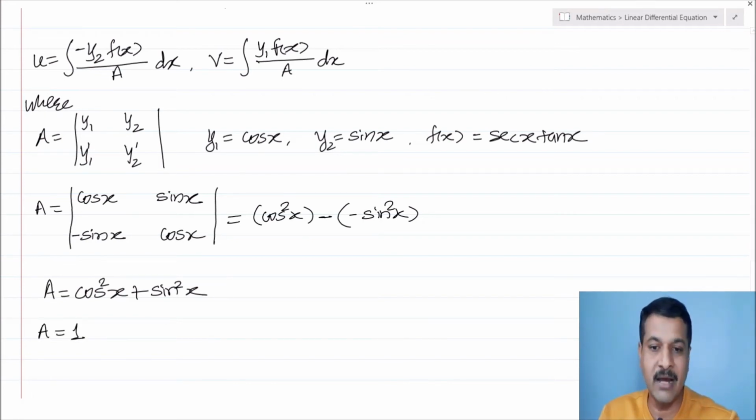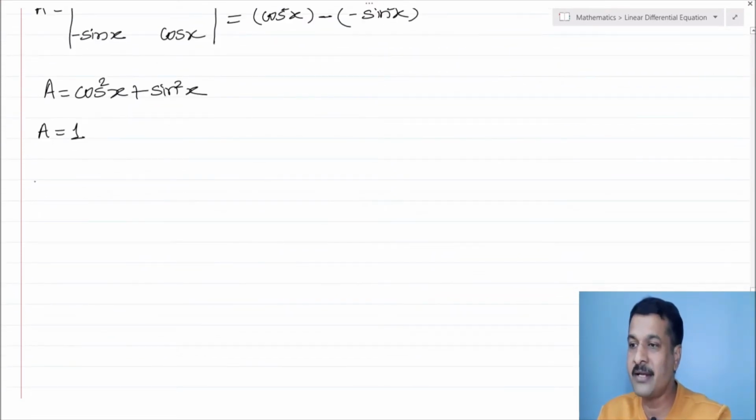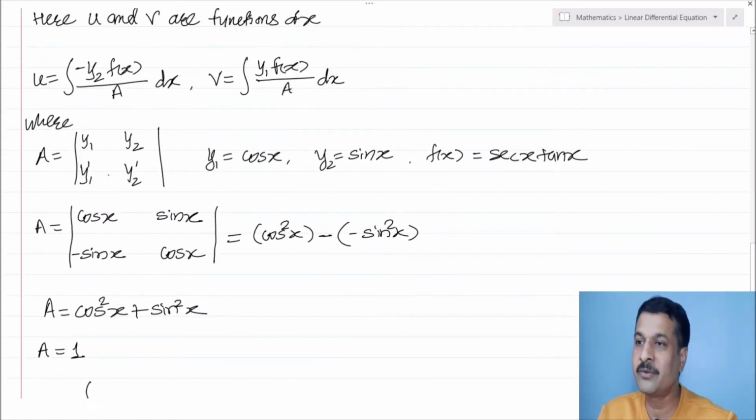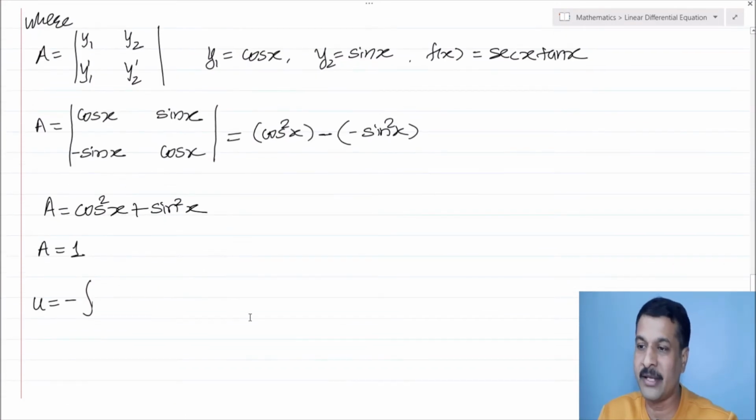So once we have the value of this Wronskian, means A, you can find u, that is equal to minus integration of y2. So y2 is what? Here sin x into f of x upon A. So sin x into sec x tan x upon A, it is 1, into dx.